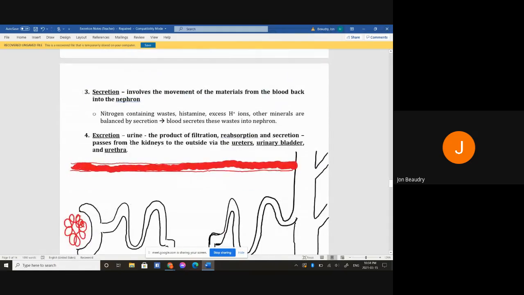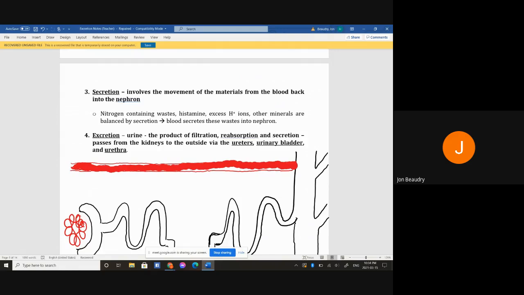Now, what is being secreted is going to be different from what's being reabsorbed. Remember that a couple of my big substances that get reabsorbed are water, sodium chloride, and bicarbonate. Well, we have some different substances being secreted now that are going from my efferent arteriole back into my nephron. And those are nitrogen-containing wastes.